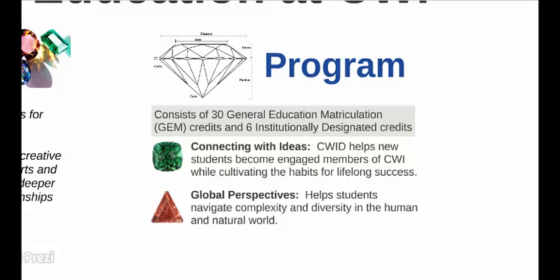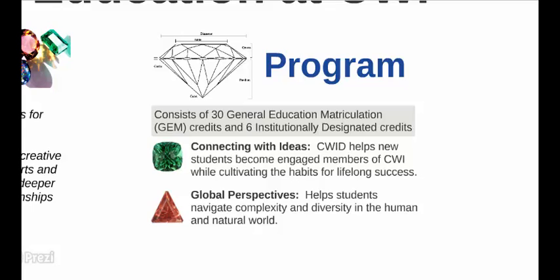Our 6 institutionally designated credits are made up of Connecting with Ideas and Global Perspectives. Quid 101 provides students with a first semester experience intended to help them become engaged members of CWI while cultivating the habits for lifelong success.